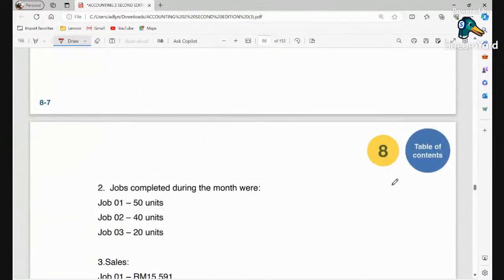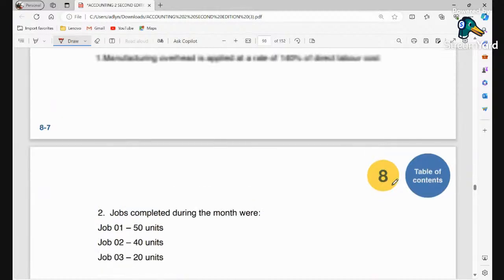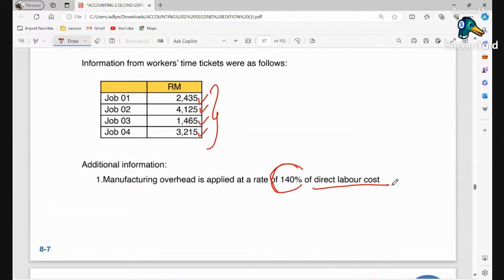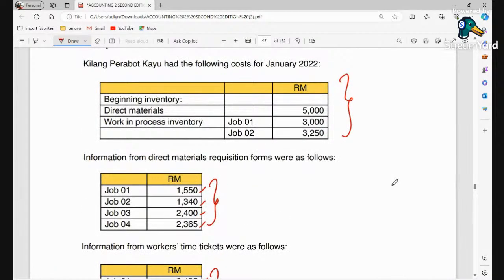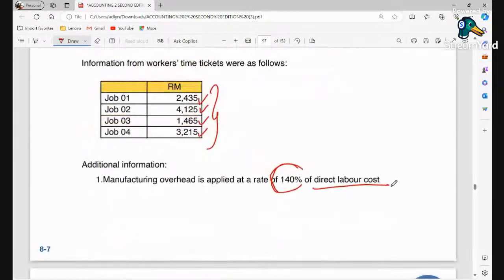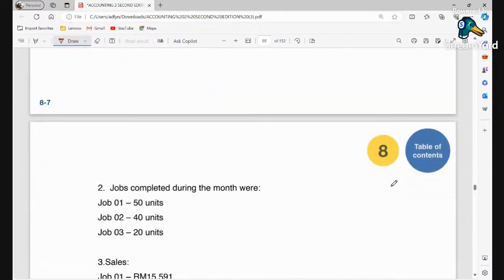Okay, so dia bagi tahu lagi jobs completed during the month. That means pada bulan Januari, just now you have how many jobs? You have 4, right? 1, 2, 3 and 4. And 1 and 2 tu dibawa daripada December. Okay, by the end of January, okay, 1 siap 50 unit, 2 siap 40 units and 3 siap 20 units.